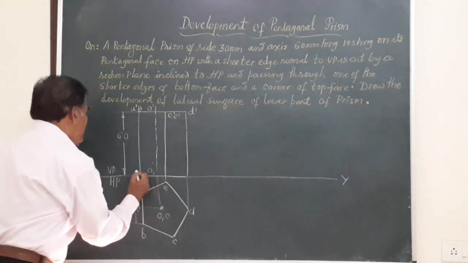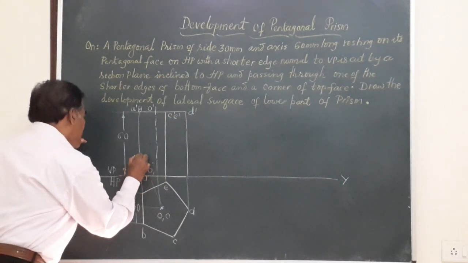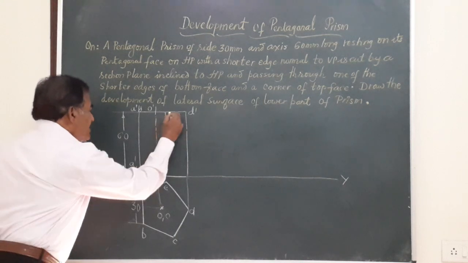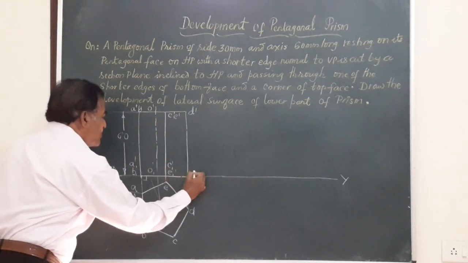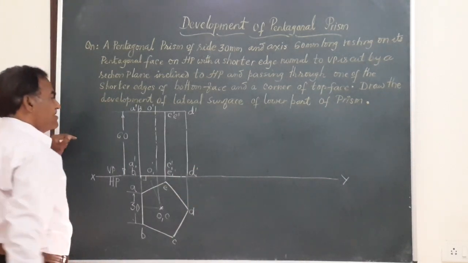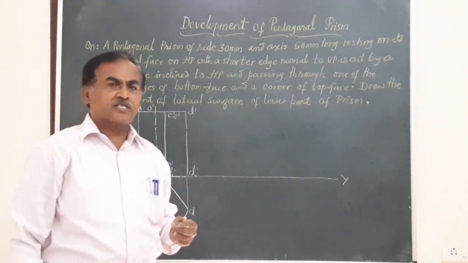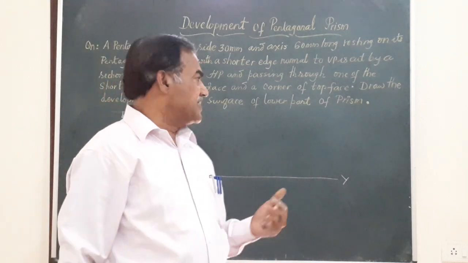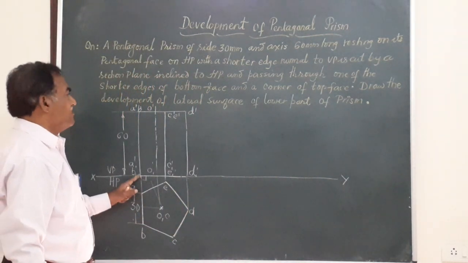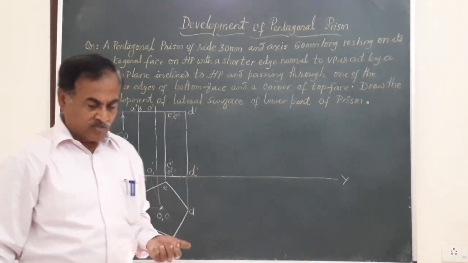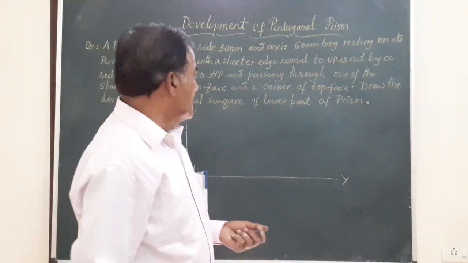Similarly for the bottom face, we have A1 dash, B1 dash, this is C1 dash, E1 dash, the last one is D1 dash. So we have drawn the top and front view of the prism resting with one of the shorter edges normal to VP. So commence the development of the solid.